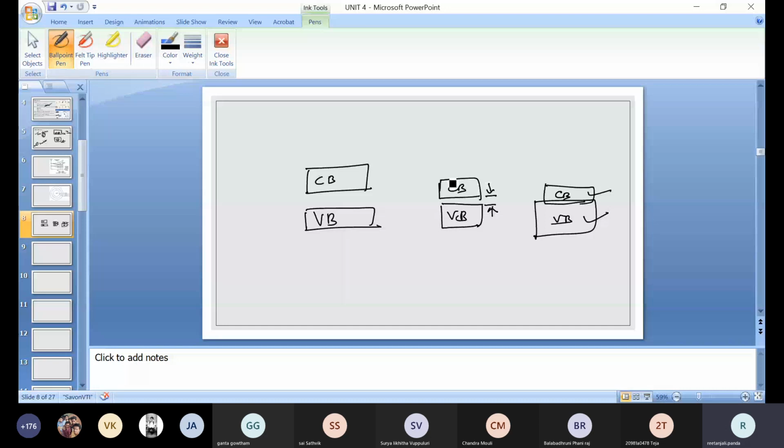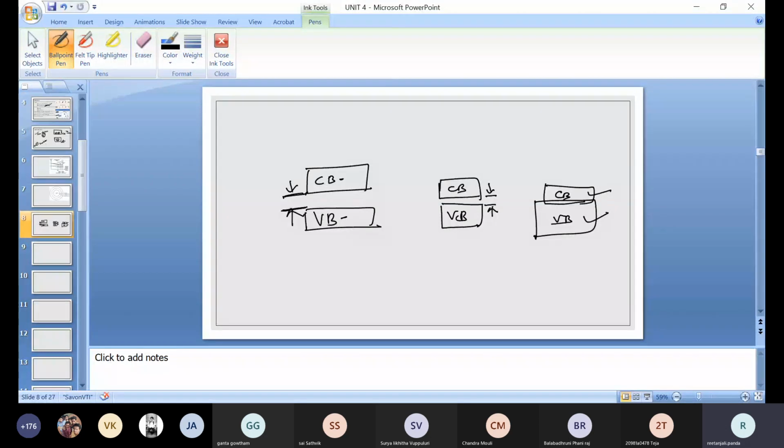But if this gap is very high, then a high amount of energy will be required to make the valence band electron jump to the conduction band, which is quite difficult, actually not impossible, but difficult. So only with much difficulty can the electrons from the valence band jump to the conduction band.